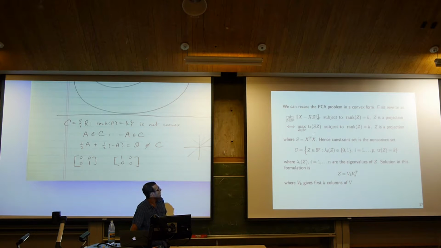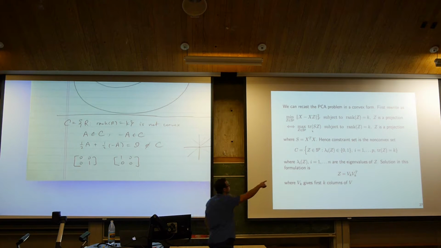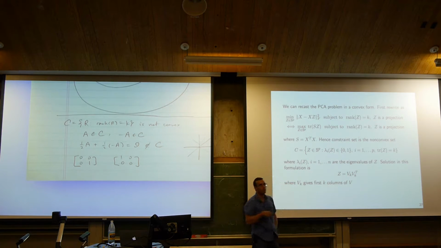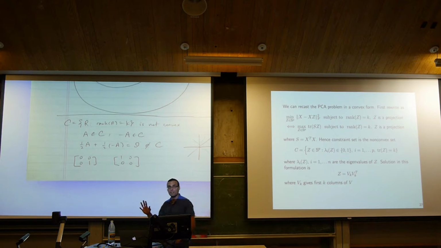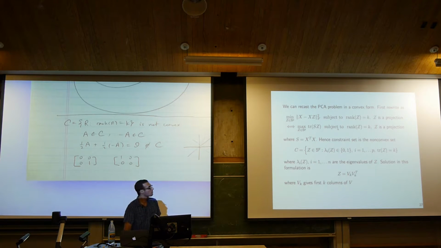And I just rewrote the criterion as a max rather than a min by expanding the square. So if I expand the square here, and get rid of terms that don't depend on Z, I can think about this problem as: I want to maximize the trace between X transpose X and Z, subject to Z having rank K and Z being a projection matrix. So all these are just equivalent forms of PCA. We've really done nothing fancy so far.